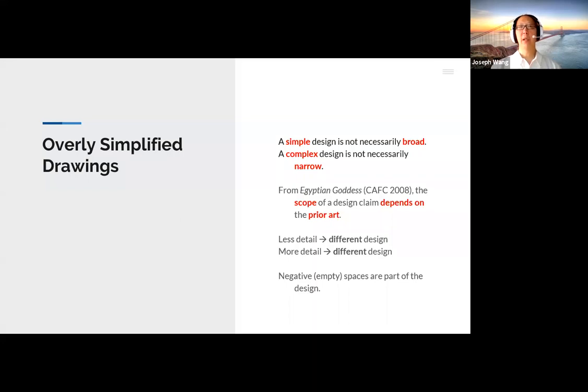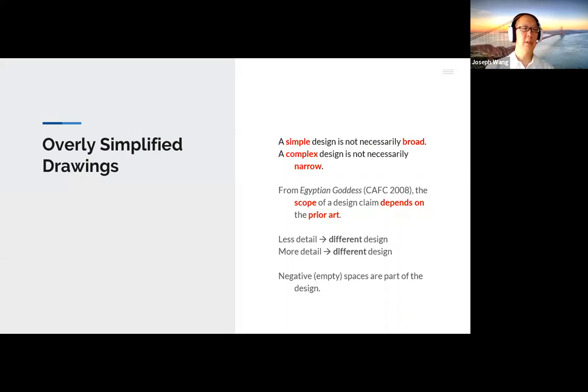And so when you are making design drawings, if you choose to omit detail for whatever reason, you are not making a broader design. You are making a different design. And by that same token, if a competitor starts adding detail, right, they are also making a different design, whether it's an attempt to design around or to even copy your client's product. Right.